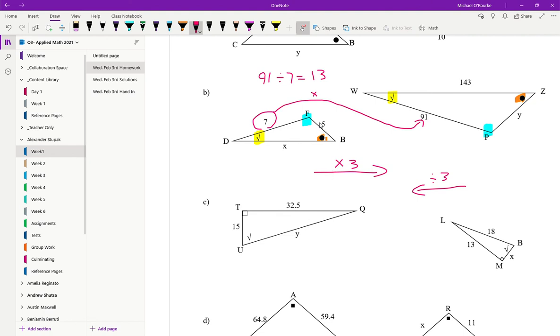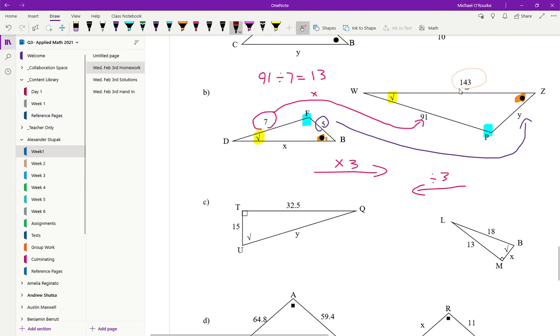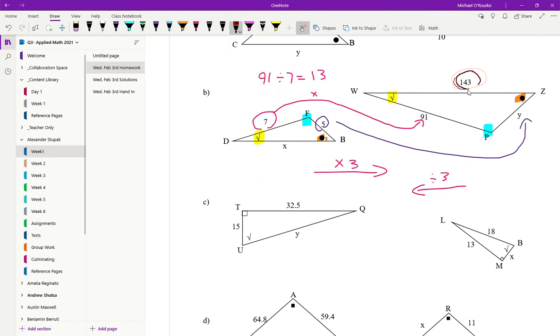Okay. So what's 5's partner here? It's between the blue and the orange, so it's going to be this number. And the last number's partner, the last one, of course, is going to be here.